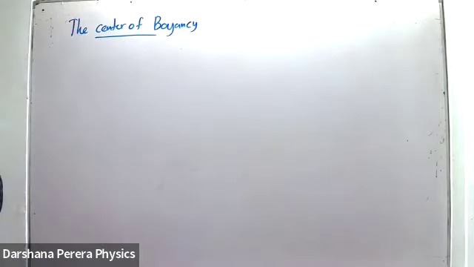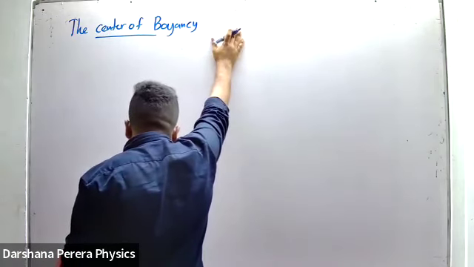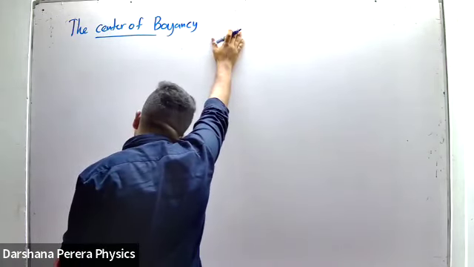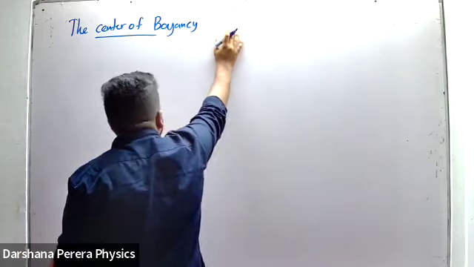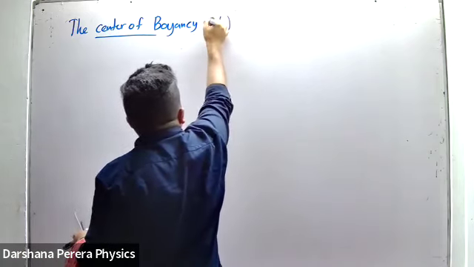Center of buoyancy. It's called by the, then when we mark the center of gravity, it's called G. This one is called G dash.